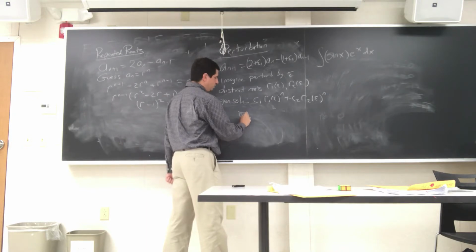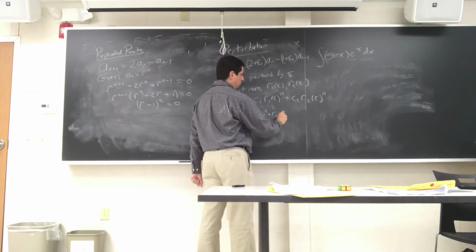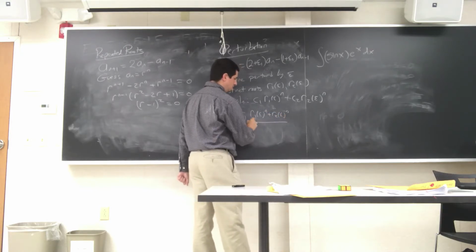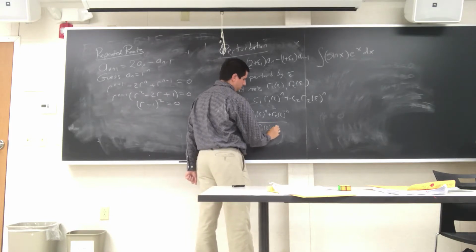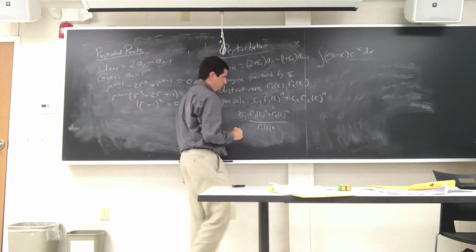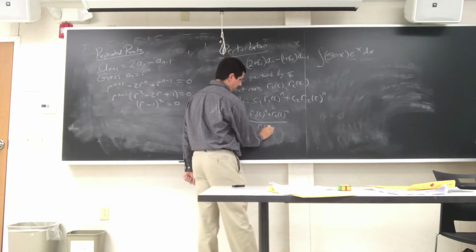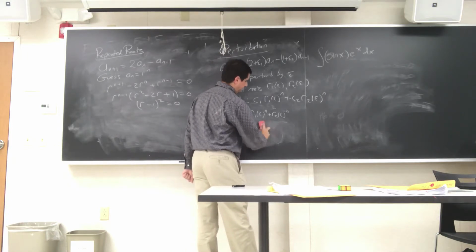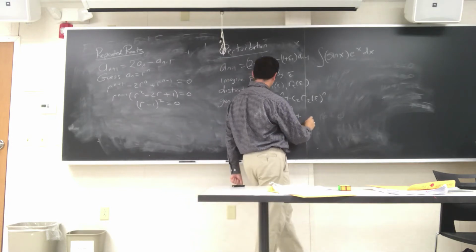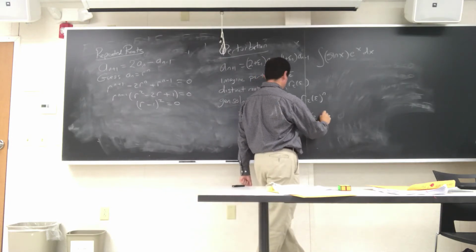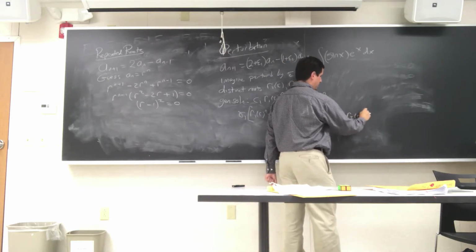I'll do it as gamma 1 times (R1(epsilon)^n plus R2(epsilon)^n) over R1 epsilon, I'll just do it like this first. Plus gamma 2 times (R1(epsilon)^n minus R2(epsilon)^n).